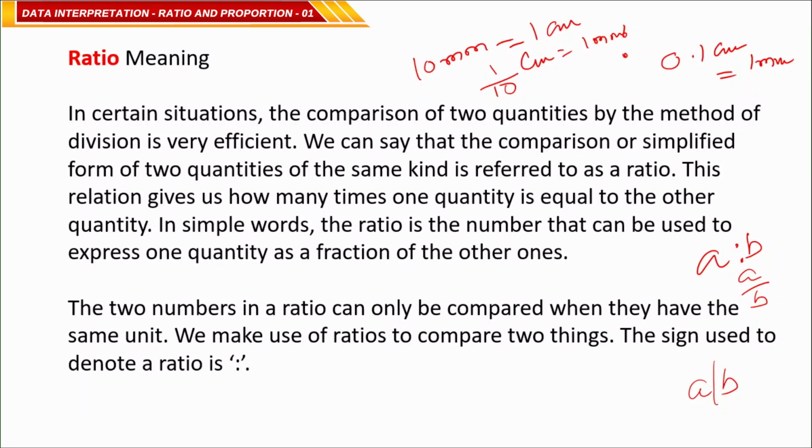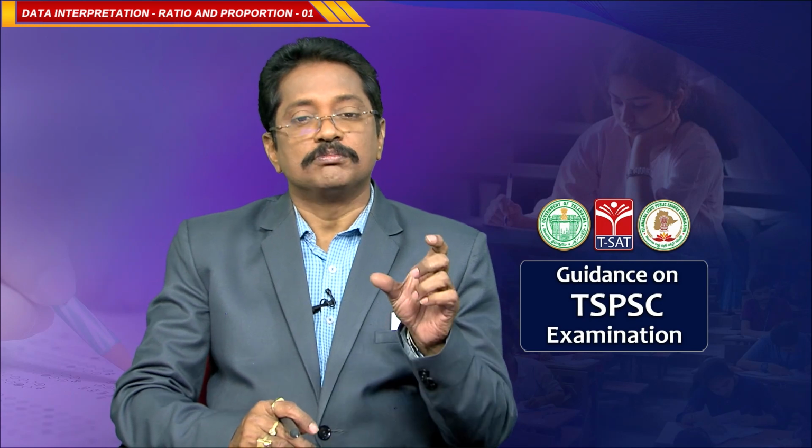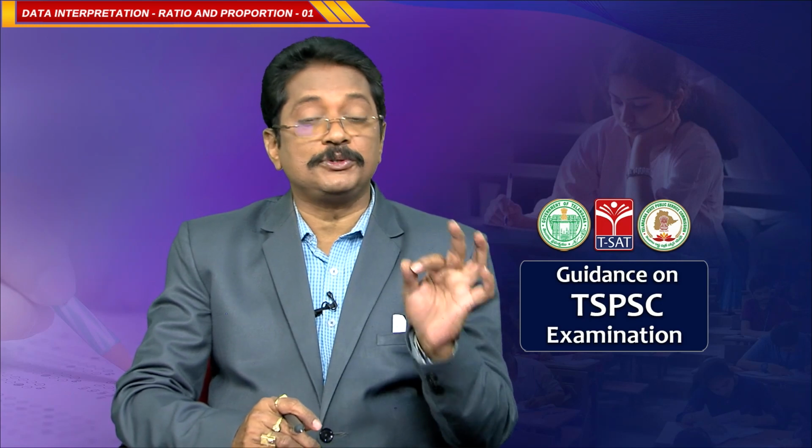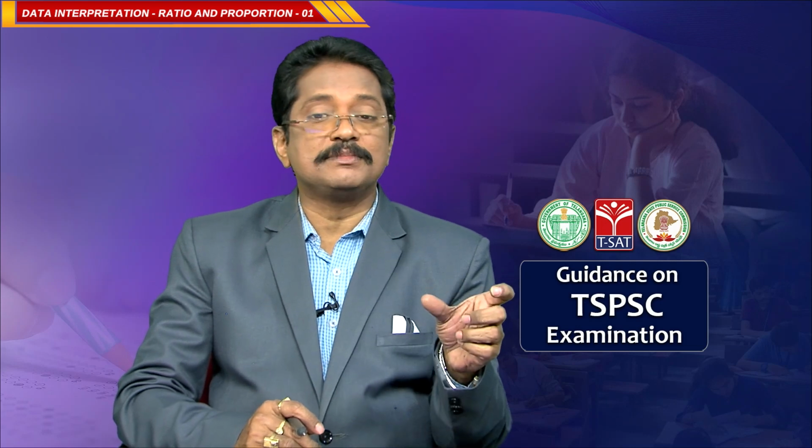Okay. The two numbers in the ratio can be compared when they have the same unit. This is a very important note. When you compare two quantities, the essential thing is both should be in the same unit. Previously I said, if one is millimeter, the other should also be millimeter, correct.